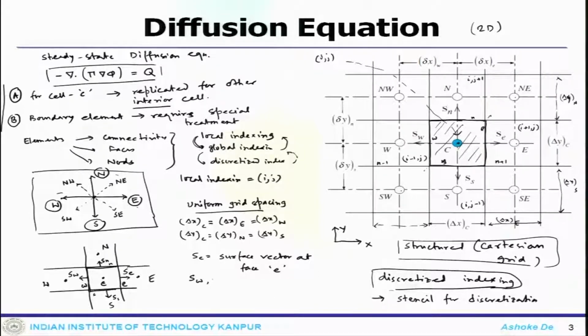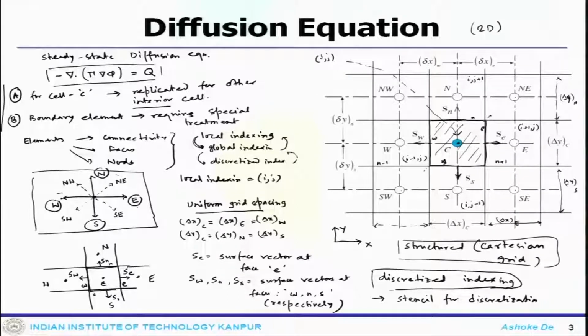Sw, Sn, Ss are the surface vectors at faces w, n, s respectively, which has been marked in this particular figure.